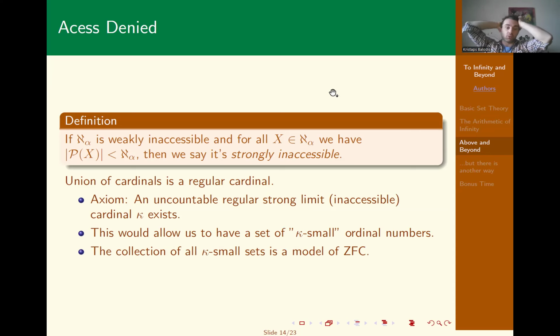We're going to assume that the collection of sets of this kappa satisfies all of the axioms of ZFC. So believing in the existence of this kappa inherently goes beyond ZFC. It's a stronger assumption. There are a couple of different ways to think about what this is called. This is an example of a strongly inaccessible cardinal.